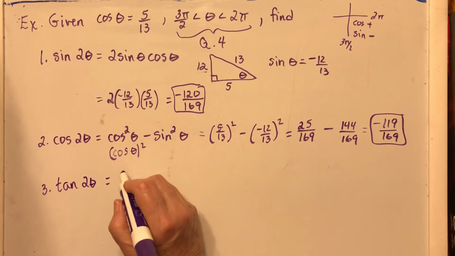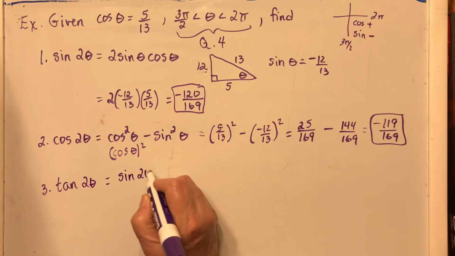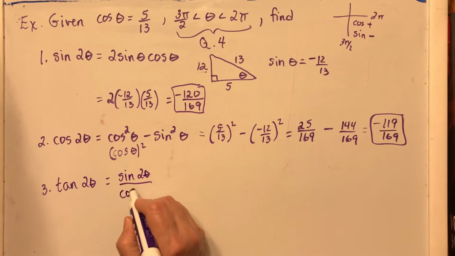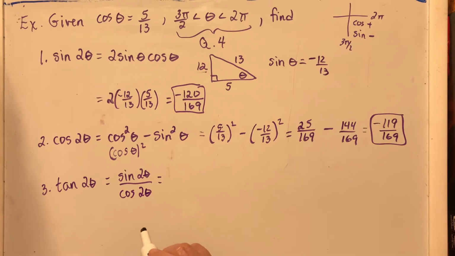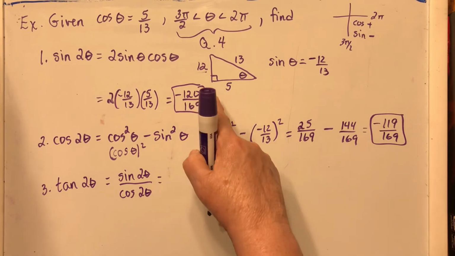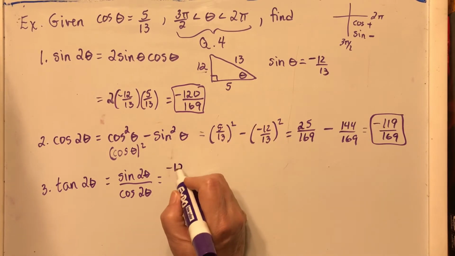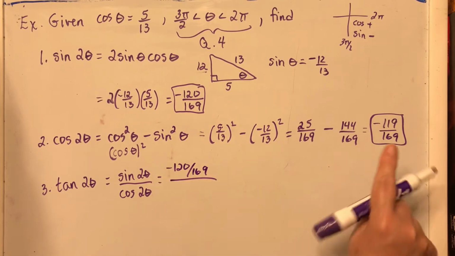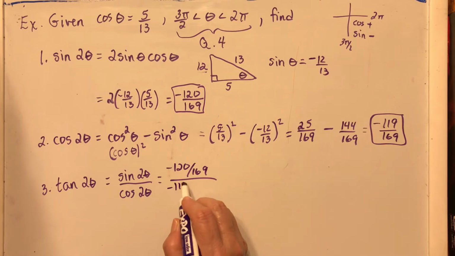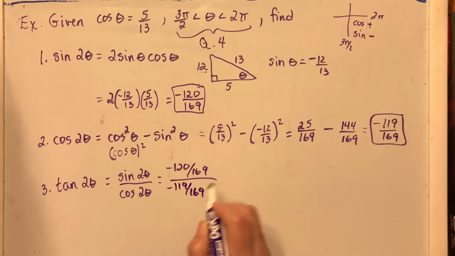And then finally, let's find the tangent of 2 theta. So the tangent, and I'm just going to use an old definition that we know, is just sine over cosine. So it's the sine of 2 theta over the cosine of 2 theta. Sine of 2 theta we found in the first example is negative 120 over 169. Cosine of 2 theta is negative 119 over 169.